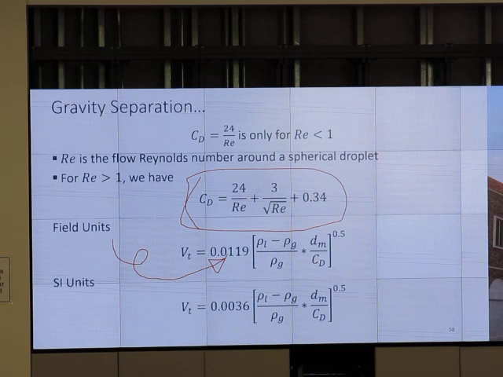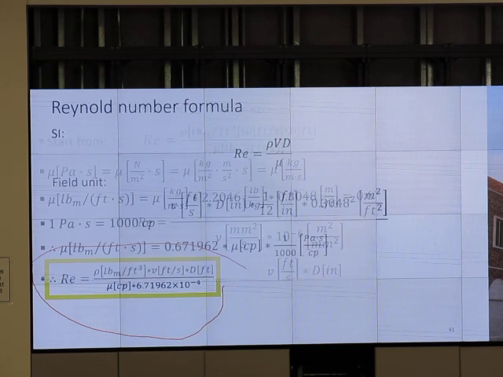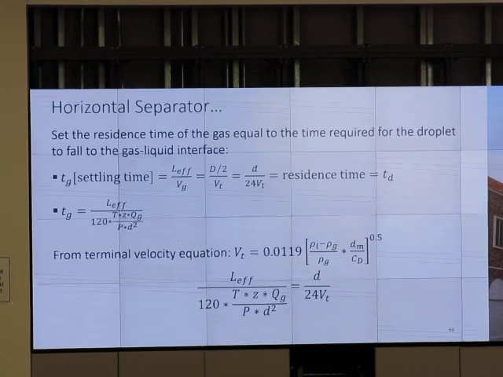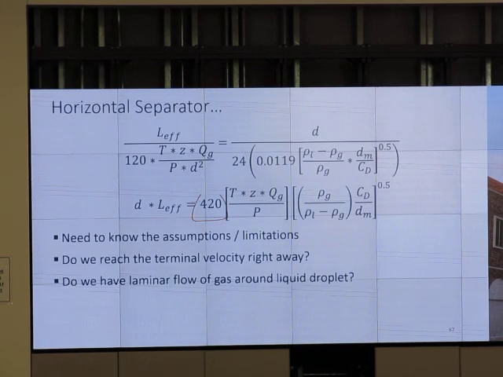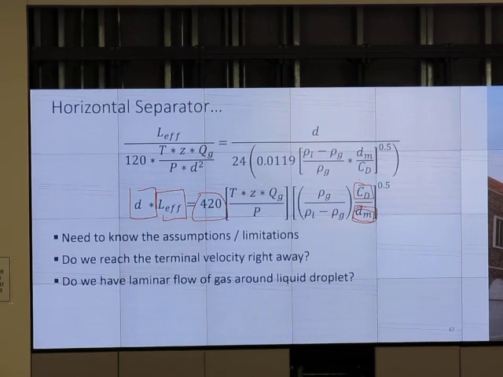So we need this one. What I do is I start with that 420 equation. The diameter is known, effective length is known, everything else is known. I assume C_D equal to 0.34. So d_m is not known. The only unknown in this equation is d_m, which I can calculate by assuming the value of C_D, right?